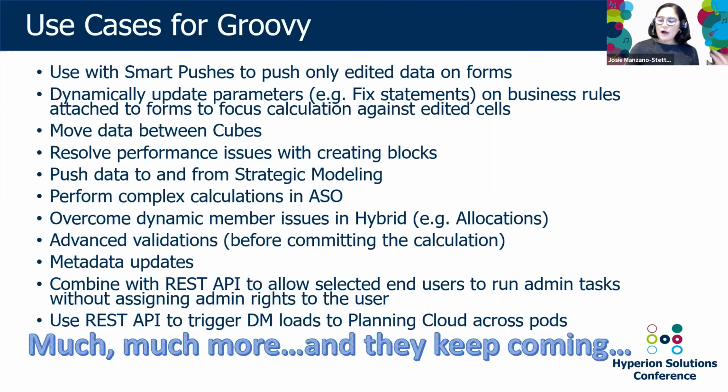We use it when we attach business rules to the forms, to dynamically update the parameters. It takes the intersections of the dirty cells or the edited cells and applies them to the fixed statements so that your business rules are focused just on those edited cells.